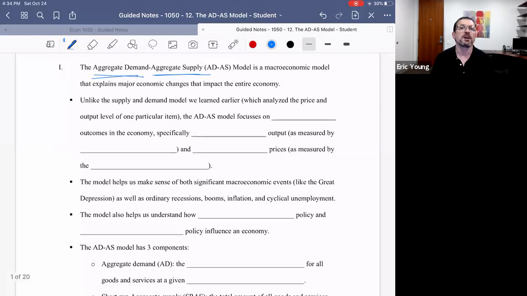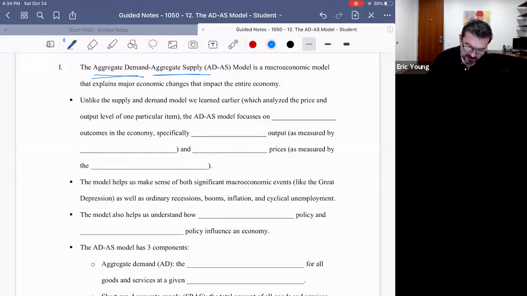Now, when you jump into ADAS, a lot of it's going to look and seem sort of familiar, sort of intuitive. But to be really clear, this is not the old supply and demand model from the beginning of class, okay? So it's really important that you understand that even though they look the same, they behave the same, they're fundamentally different.